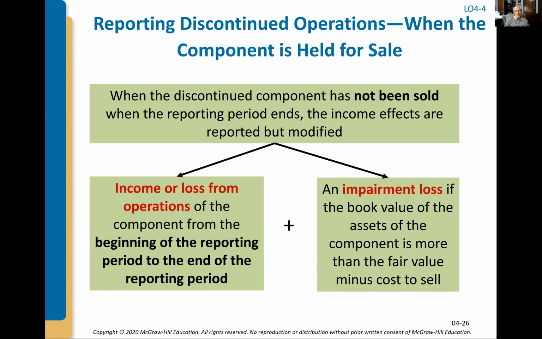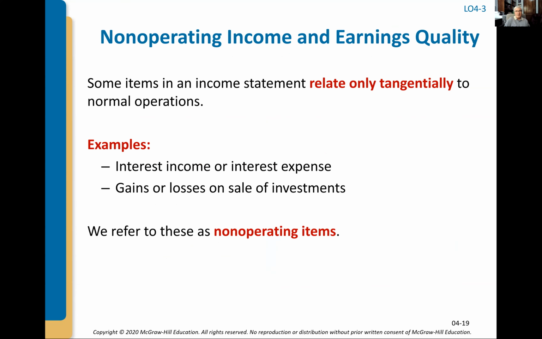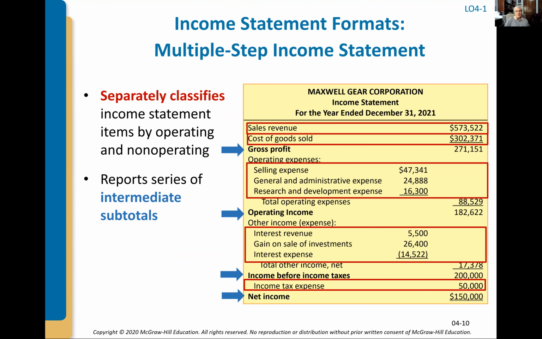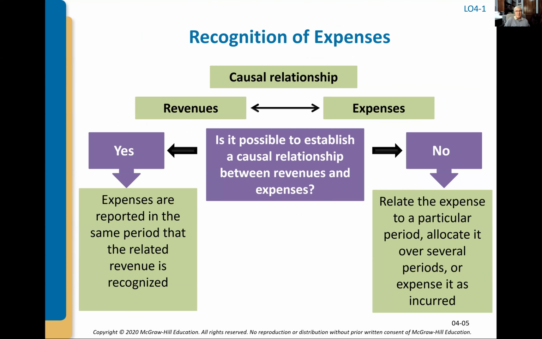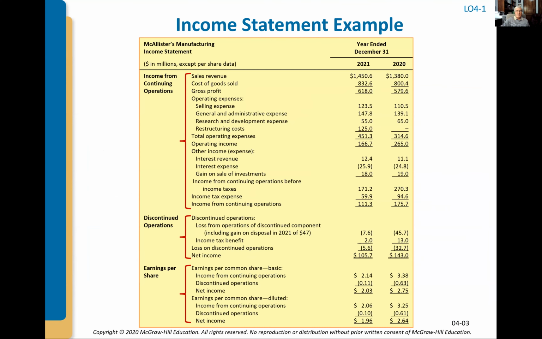I'm just going to go back real briefly here, to this line item. I'm going to go back all the way here. Again, if we go back to this slide, when I'm talking about geography, where a revenue or an expense is recorded, is it in the continuing operations? The things related to continuing operations get recorded here in the continuing operations.